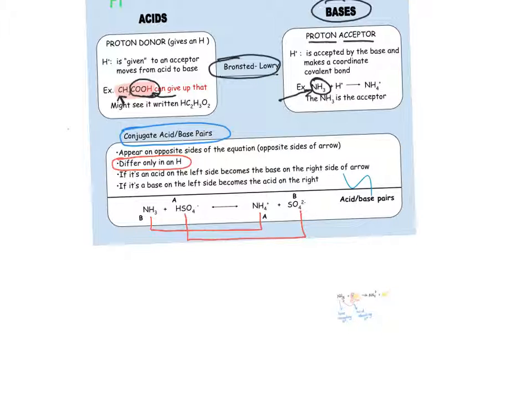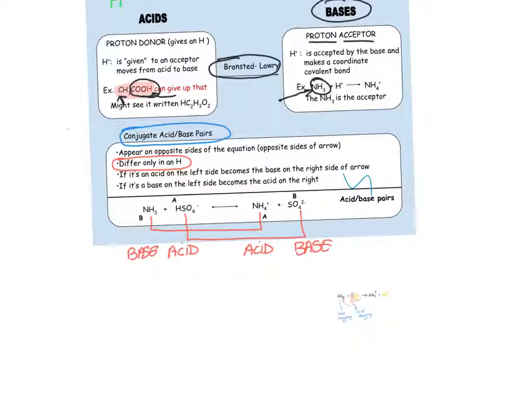The acids in the pair will always have more hydrogens, okay? So the HSO4 and the SO4 minus 2 are a pair. They only differ by one hydrogen. And the one that is the acid in that pair always has one more hydrogen. And so this one's going to be a base, and this one's going to be a base. So those are conjugate acid-base pairs.